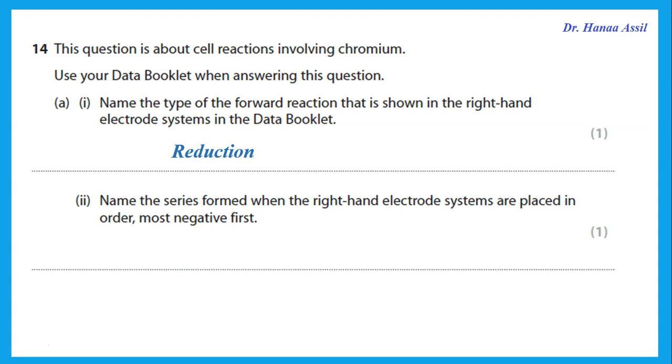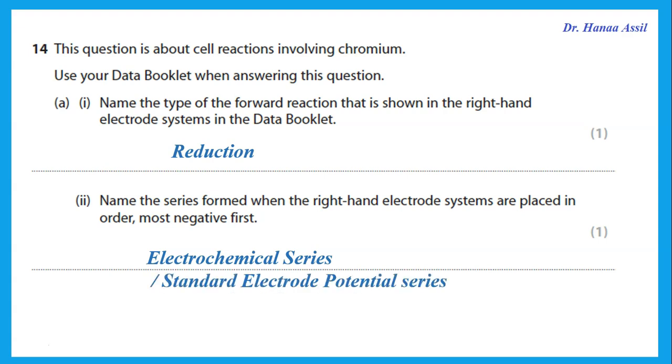Name the series formed when the right-hand electrode systems are placed in order with the most negative first. So that is actually what you have in your data booklet, the arrangement of the electrode systems with the negative first. This arrangement is called electrochemical series or standard electrode potential series.